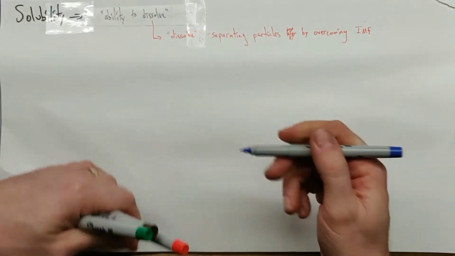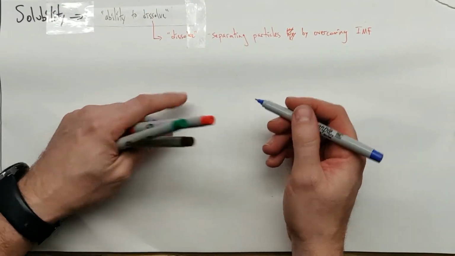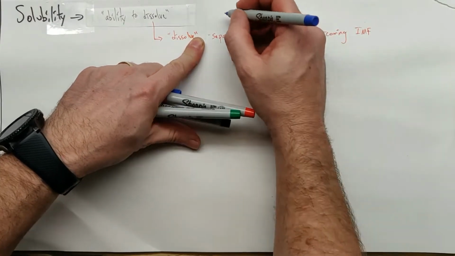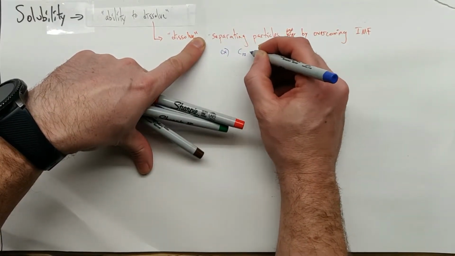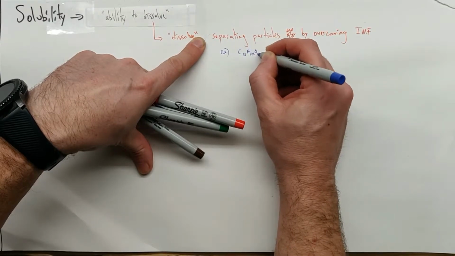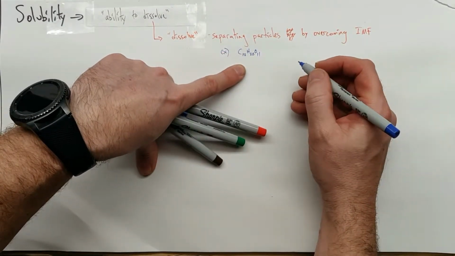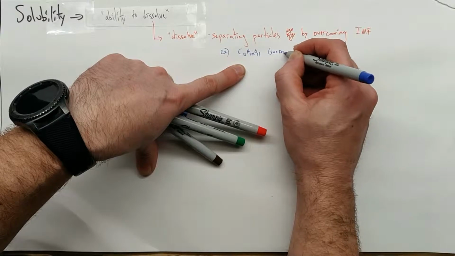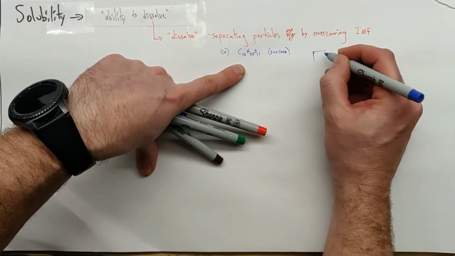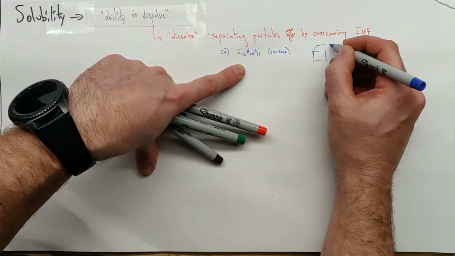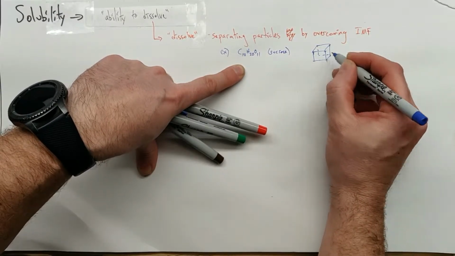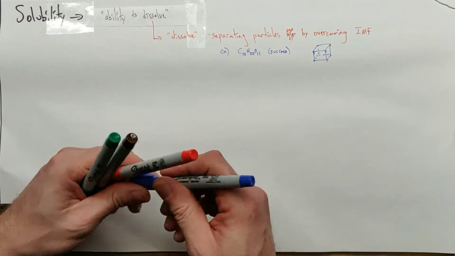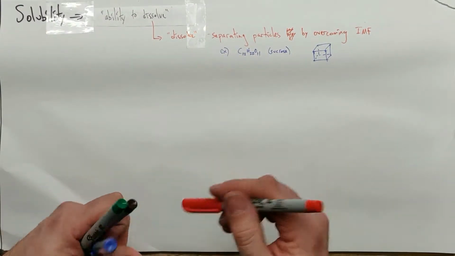So a simple example of that might be something like common table sugar, sucrose, which is C12H22O11. You've probably seen at a restaurant or whatever, and maybe in the cartoons when they're drinking tea, this idea of a sugar cube, which is really just a bunch of sugar molecules attracted to each other by intermolecular forces.